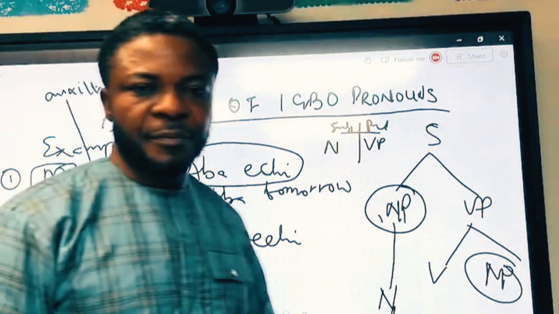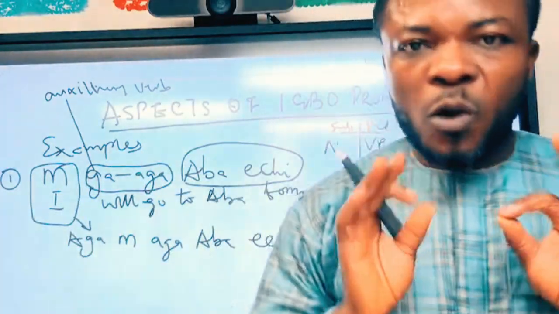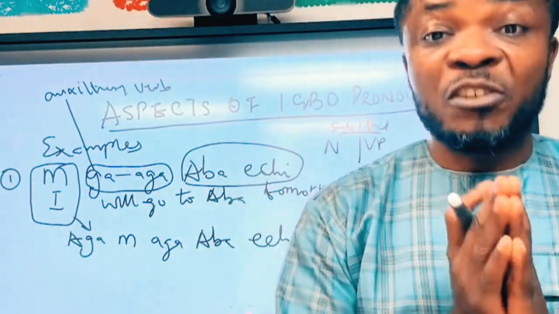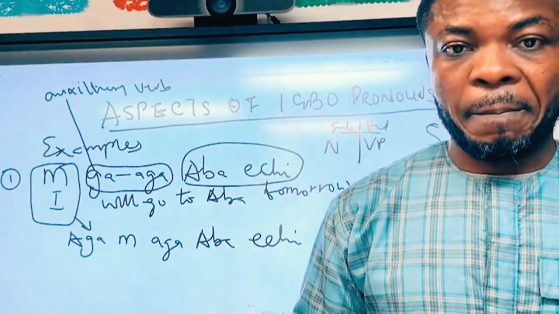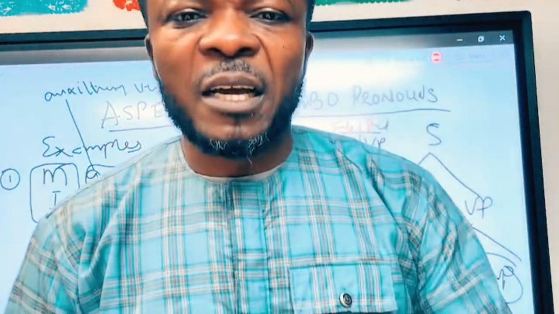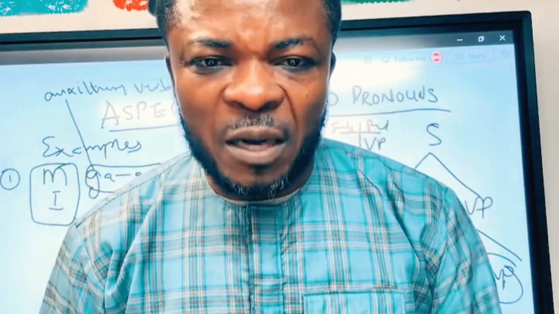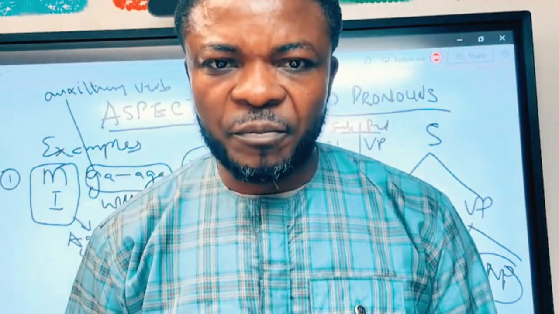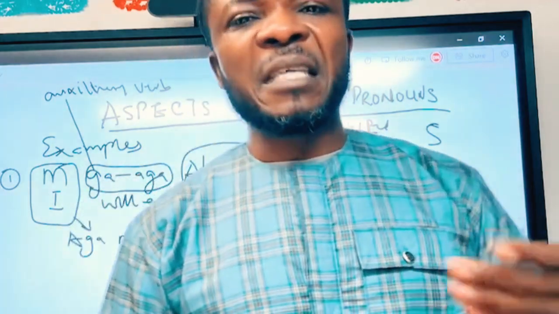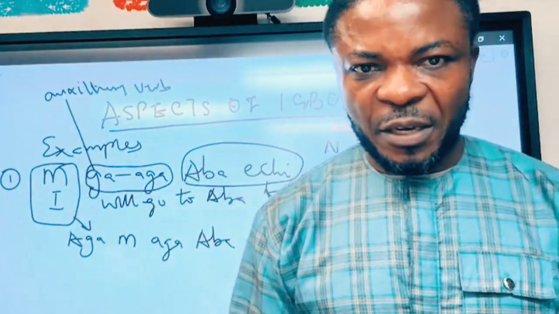Ga. The work of that ga is nothing but auxiliary. In Igbo language, we say Enyemaka ngwa, something that is helping the verb.